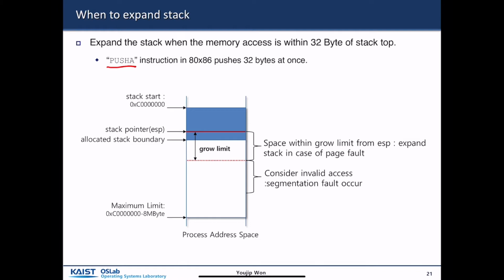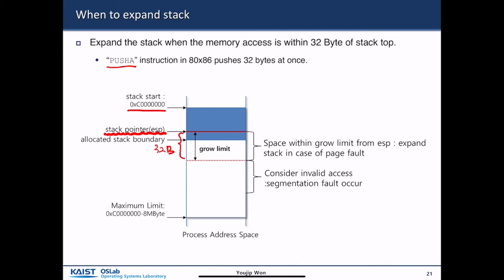Let's see, this is the stack start 0xC00, and let's assume that this is the current stack top, which is represented by the ESP register. And if an application accesses somewhere within this range, this is 32 bytes, then the operating system considers it a legal stack access.